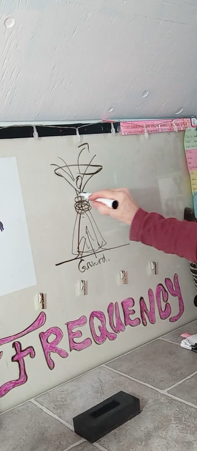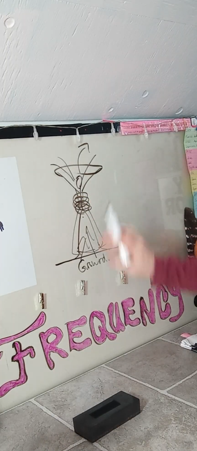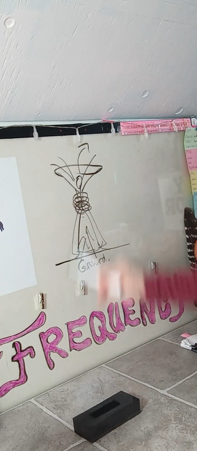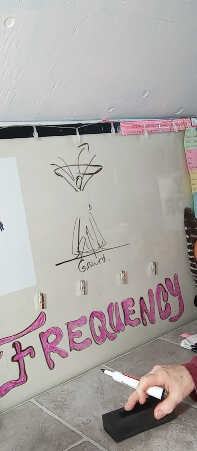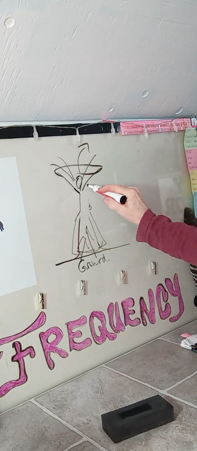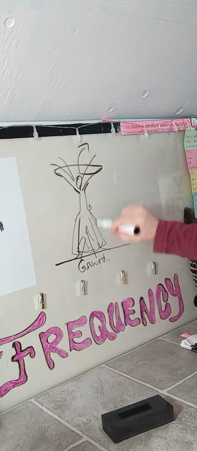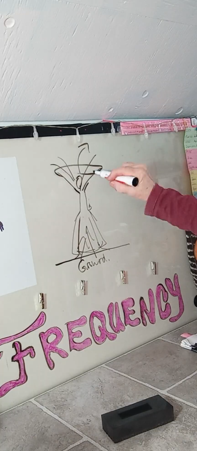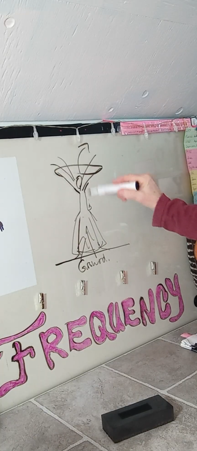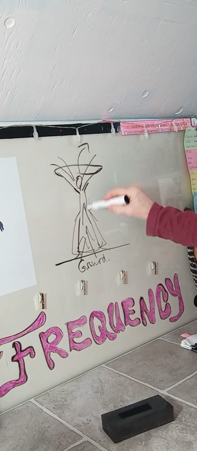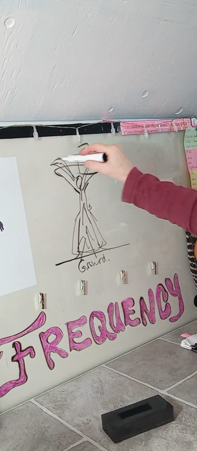The volume is determined by the size of the hole, the vessel, the amount of space, the volume of space you have available to make that flow continue. All right?